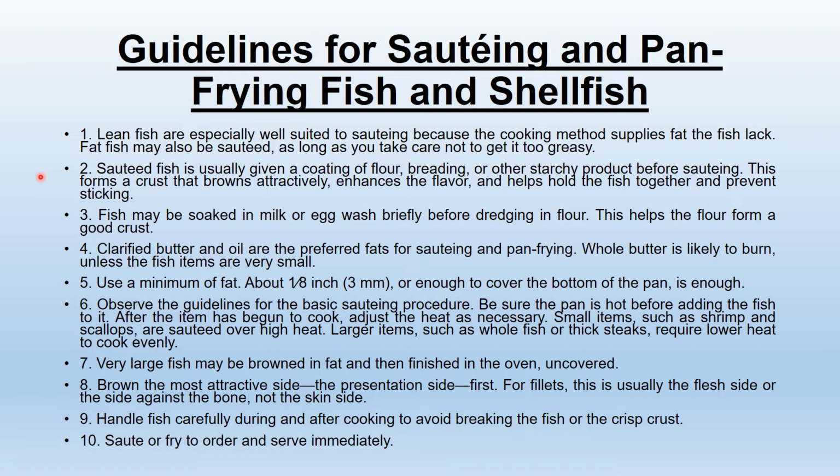Remember, whenever you do anything with flour, any meat, you always need to shake it to remove the excess flour or breading or any other starchy product you're using. That helps enhance flavor, create a brown attractive crust, and keep the fish together and prevent it from sticking to the pan.